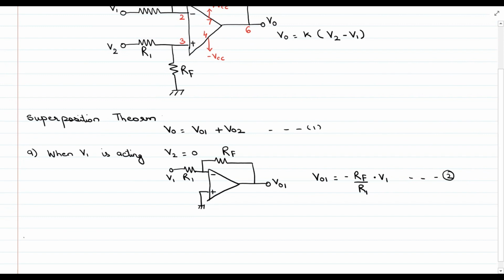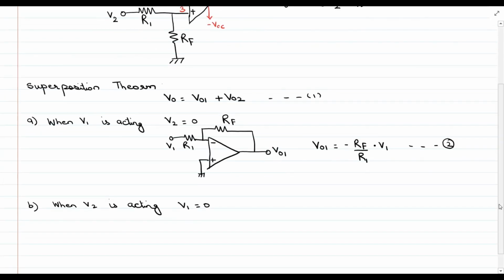So second condition is when V2 is acting, that means V1 is equal to 0. So let us draw the circuit and see it behaves as which type of amplifier.